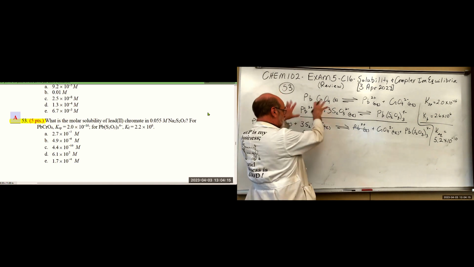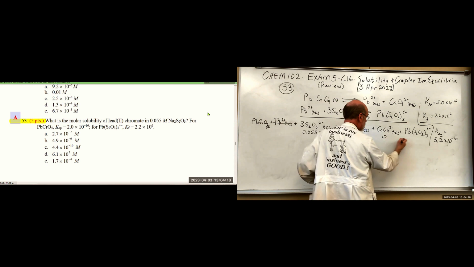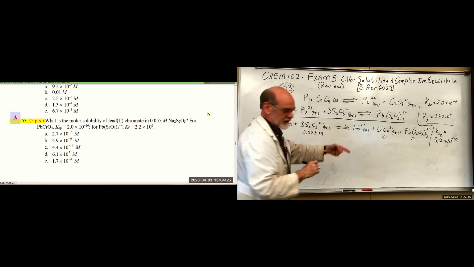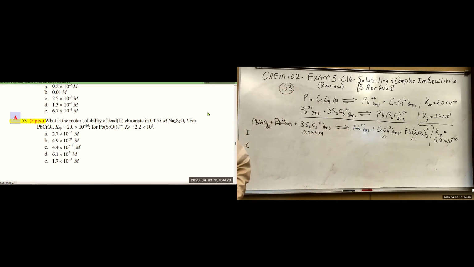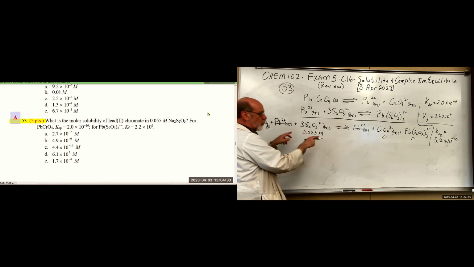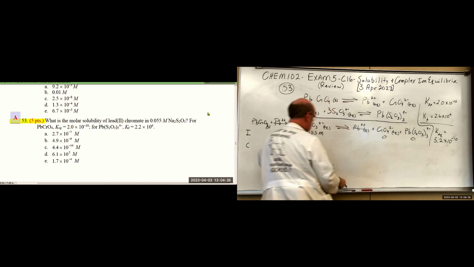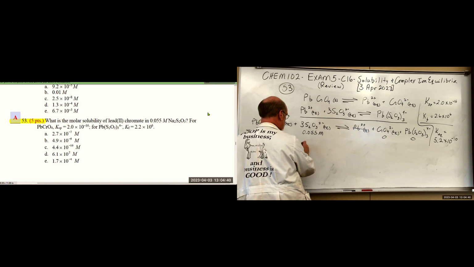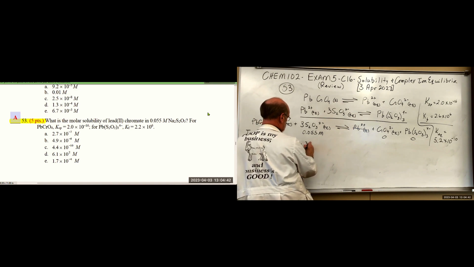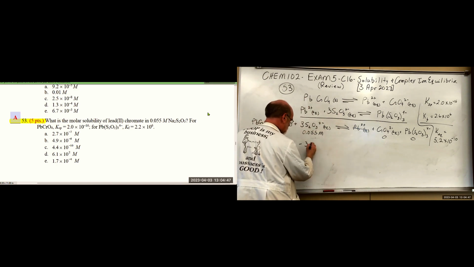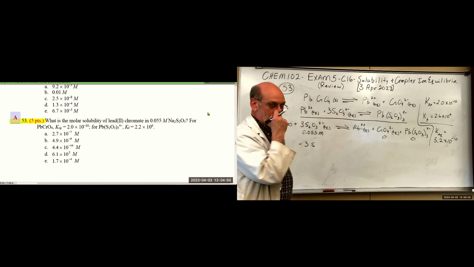And at the beginning, there's nothing here and nothing there, right? If we make this initial, then what's the change? Well, it's got to go that way. So we're going to give up how much of this? Well, for every one of these, we have to give up 3 of those, right? If it's going that direction, this is minus 3s for solubility, right?